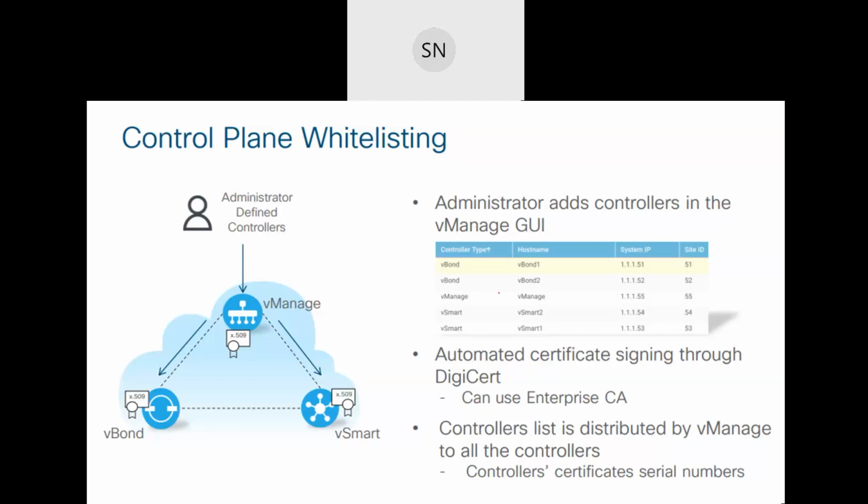Once you upload it, you need to send it to the other controllers, vBond and vSmart. Now all these controllers agree on the WAN edge serial list, which serial number device is valid in our organization. So now you have the complete whitelisted, valid WAN edge list information on all these devices.